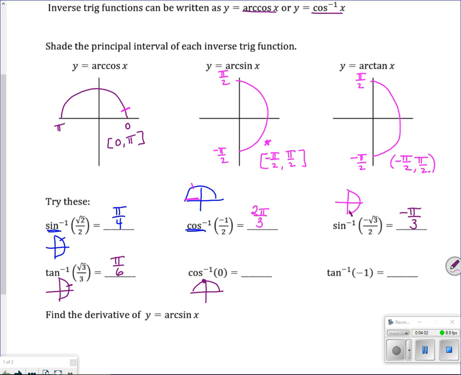That would be up top, so pi over 2. And finally, inverse tangent of negative 1. Again, I'd be in quadrant 4, so make sure you're naming that with a negative. Again, you will need those values if you have to write the equation of a tangent line and figure out a specific value. But let's get into the calculus part.